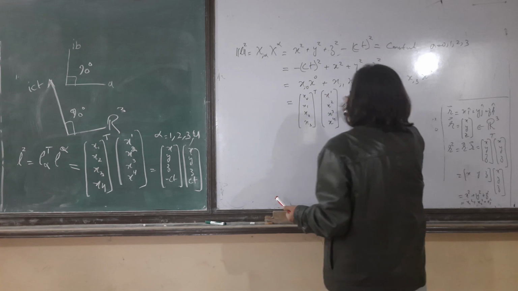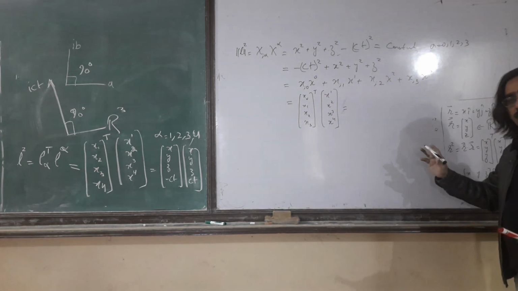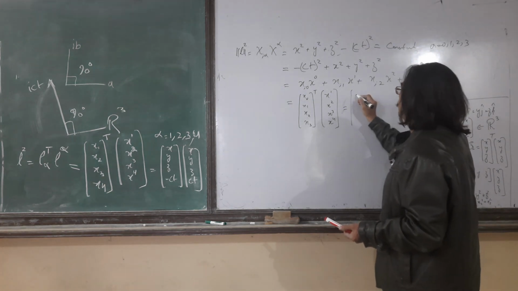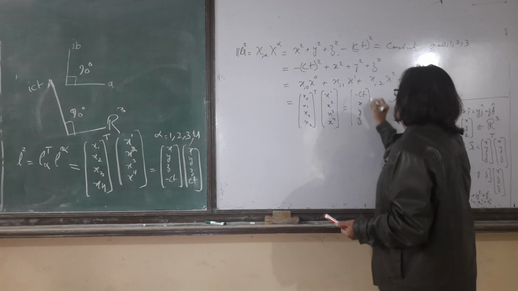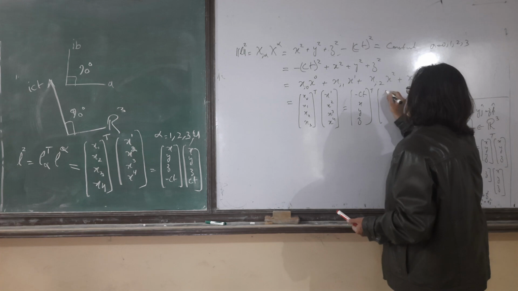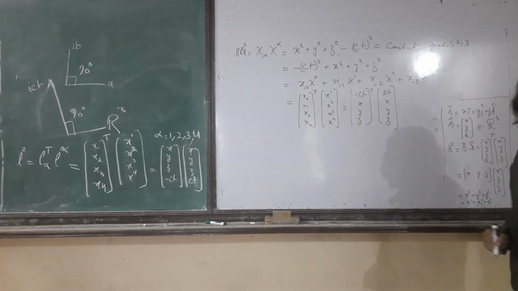Now I think it is simple. And this was minus ct, x, y, z. There is a transpose, this was ct, x, y, z.